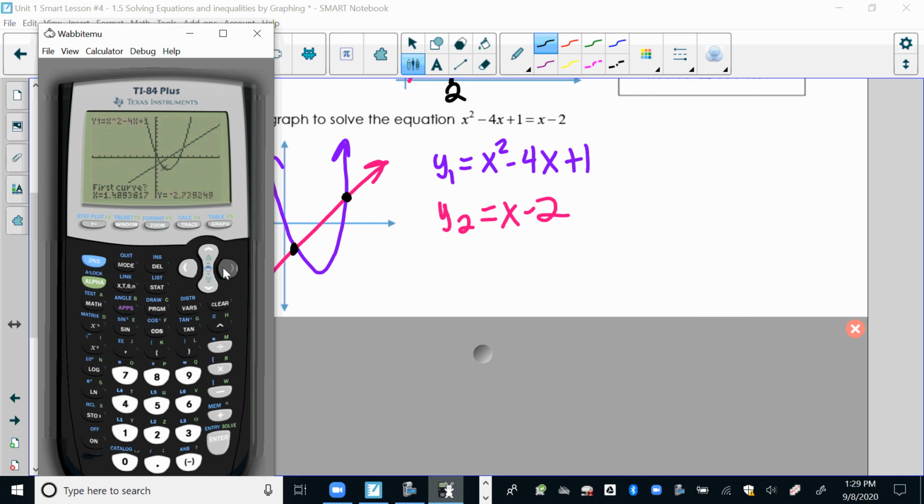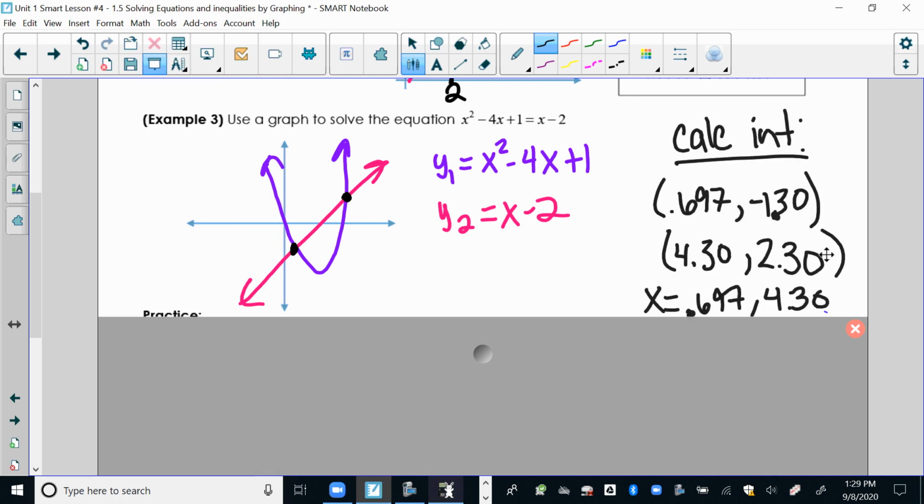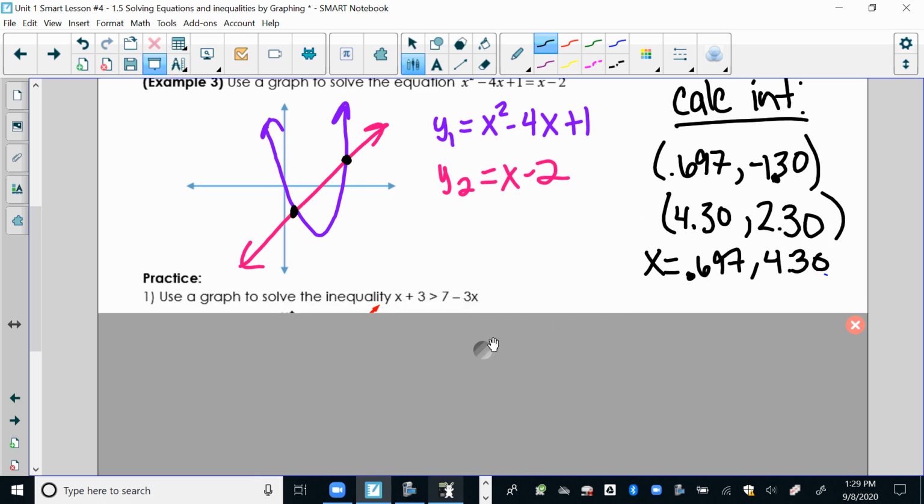Now I'm going to have to scroll my cursor closer to the other intersection, so that my calculator knows I want to find the other one. So select, select, select, and there's my other intersection. So we end up getting the two intersections, which means we end up getting two solutions, x equals 0.697 and 4.30.